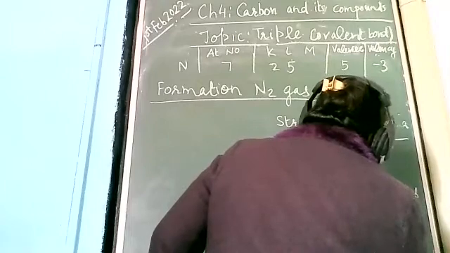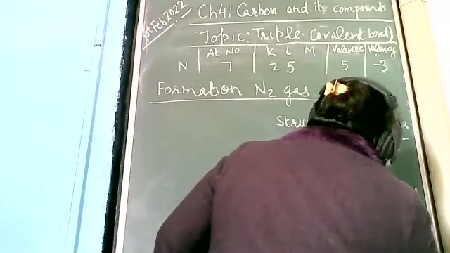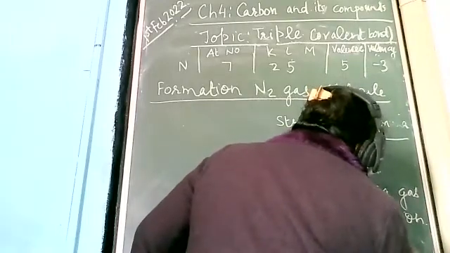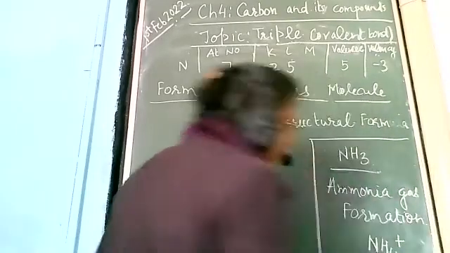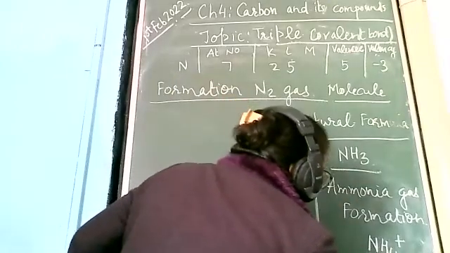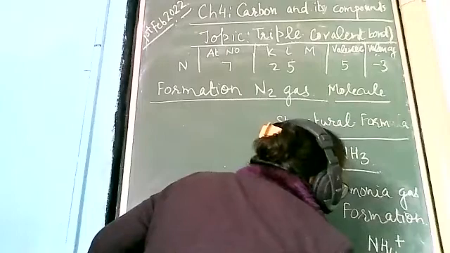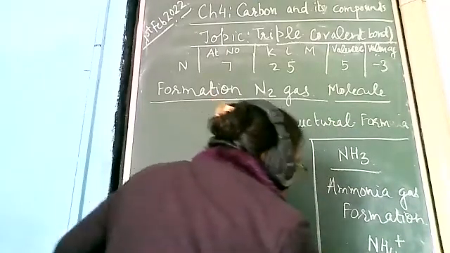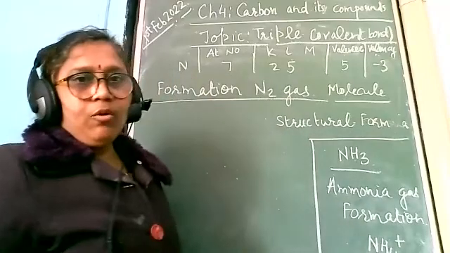Sure? It will not be NH4? No, ammonium is an ion. Very good, excellent. NH4 is the ammonium ion. I am asking you to write the formula for ammonia gas. Please write down both so that you remember and do not make a mistake in future.